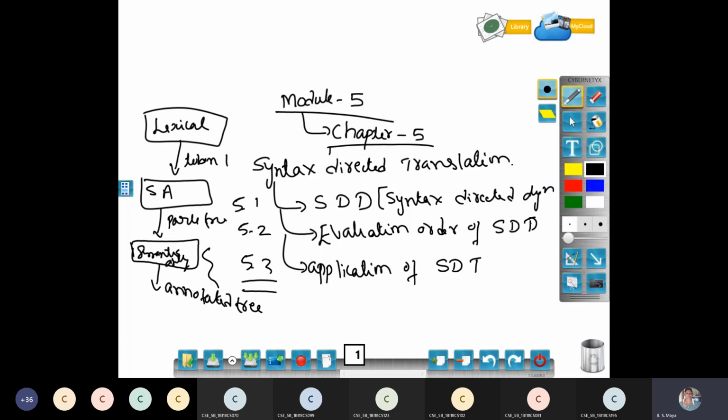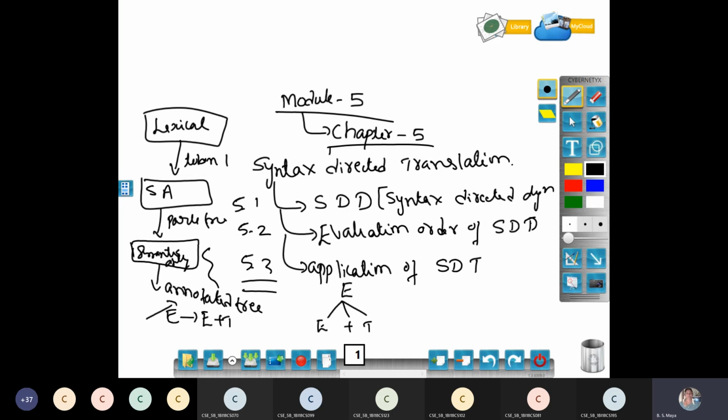See how to construct annotated trees. The annotated trees contain every attribute. For example, E derives E plus T is my production. Normally we construct E plus T as a parse tree for that. The parse tree contains grammar symbols.